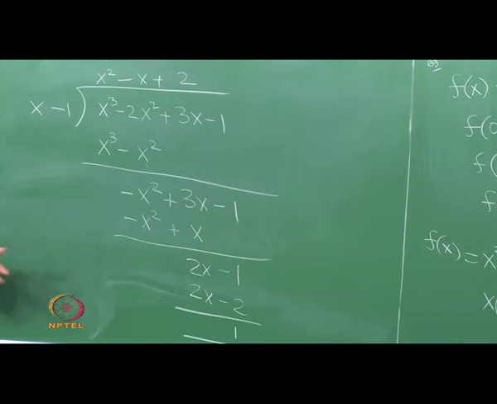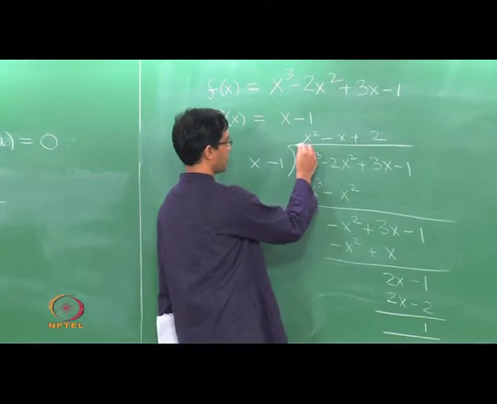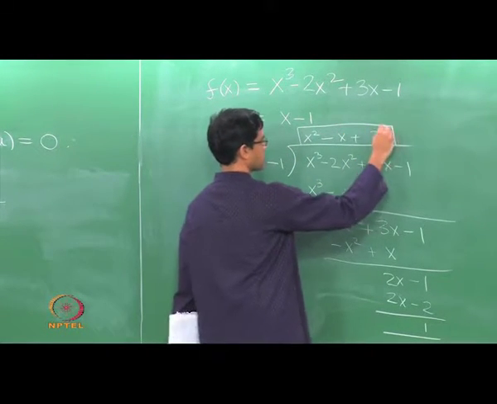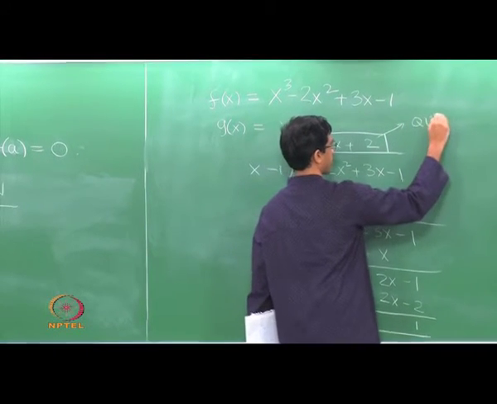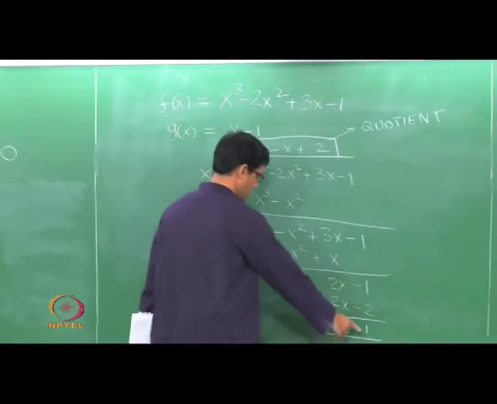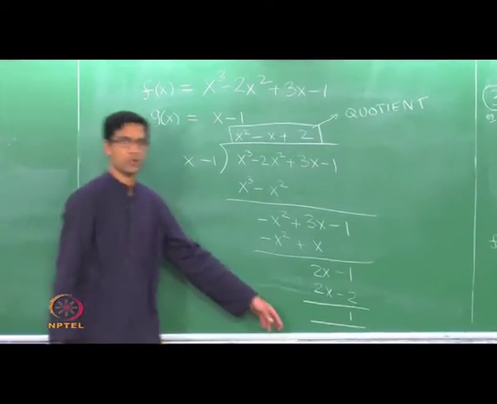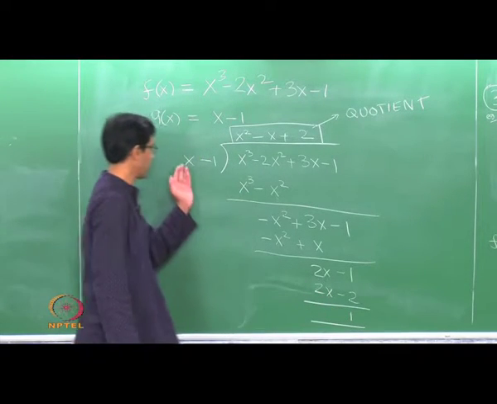Okay, so we have just done this procedure all the way to the end, and what this procedure produces is two things. One is the quotient. So this guy here is the quotient, and the last thing here, so why did we stop there? Because we can't quite continue the process. You can't divide 1 by x minus 1.